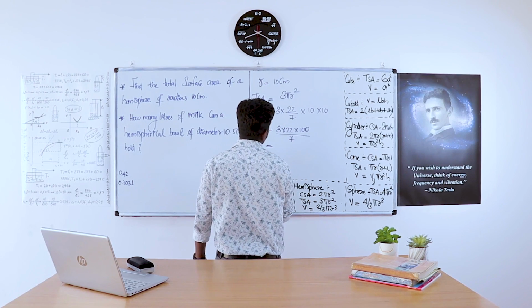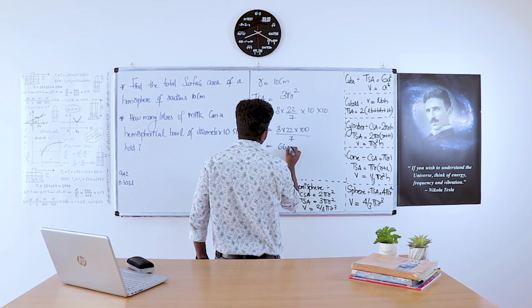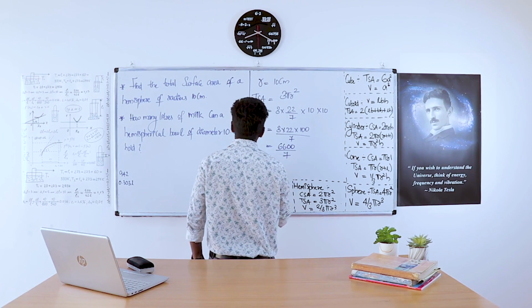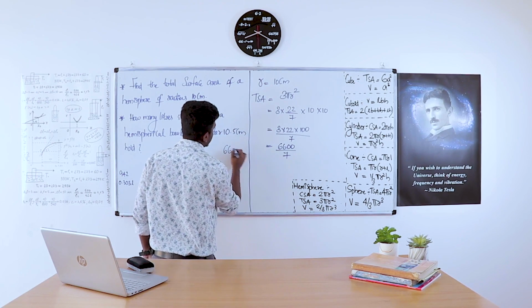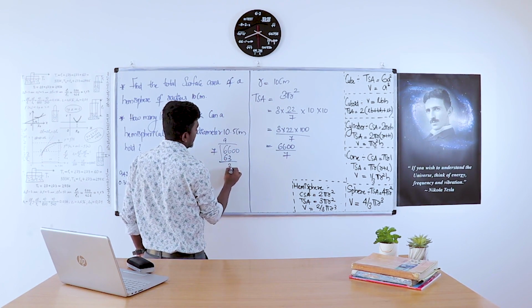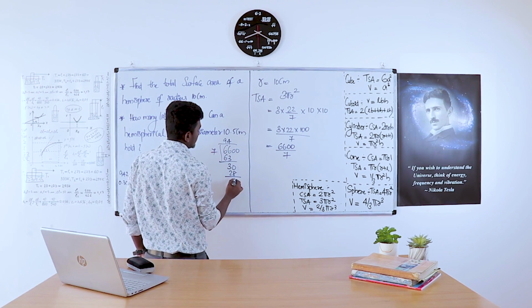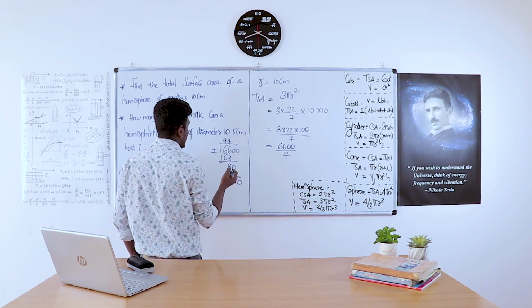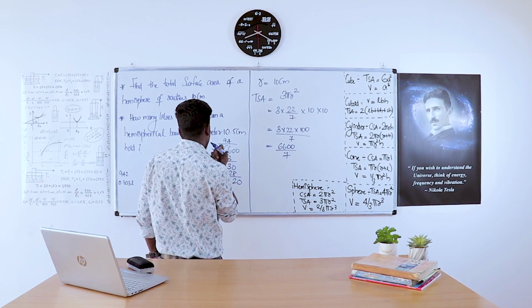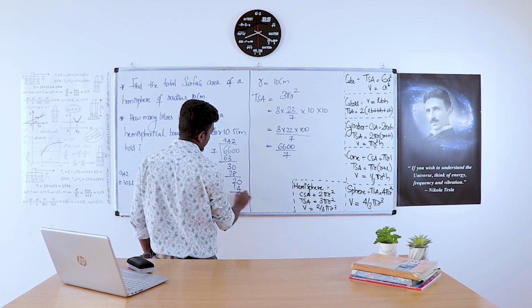That is 22 into 3 into 100. What is 22 into 3? It is 66 into 100, 6600 divided by 7. What is 6600 divided by 7? 9 into 7, 63. Remainder 3, 30. 7 into 4, 28. Remainder 2, 20. Then 7 into 2, 14.